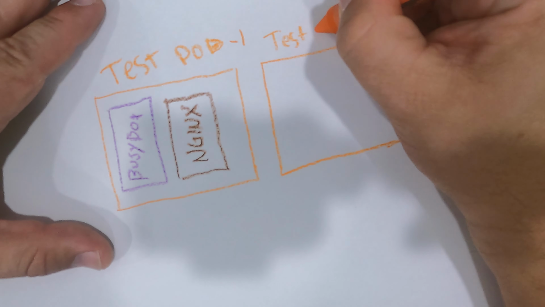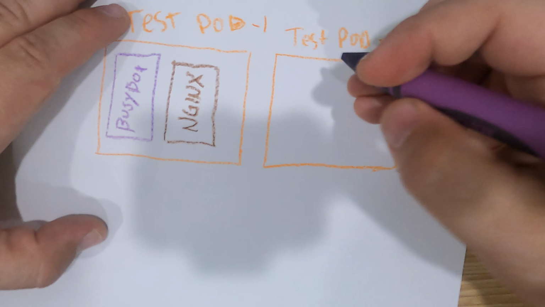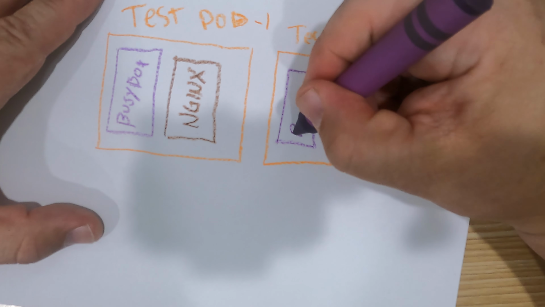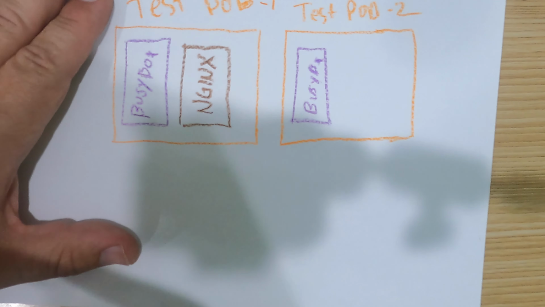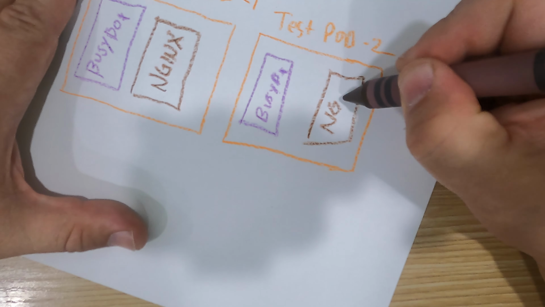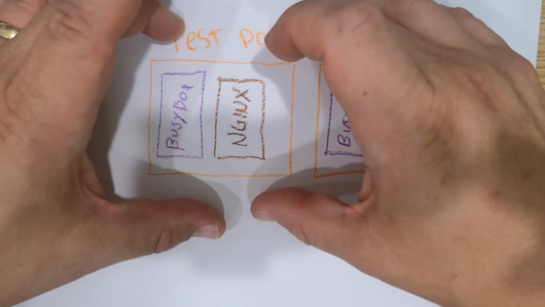So now we have test pod 2, and it is going to have another BusyBox and another Nginx.